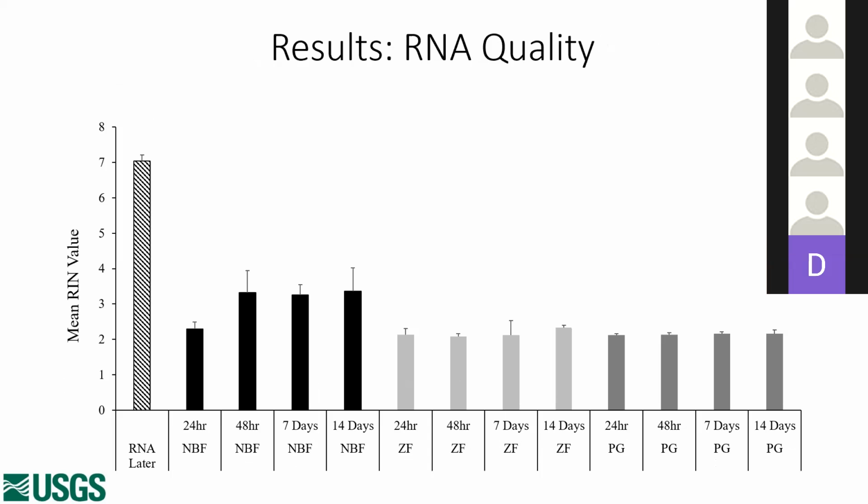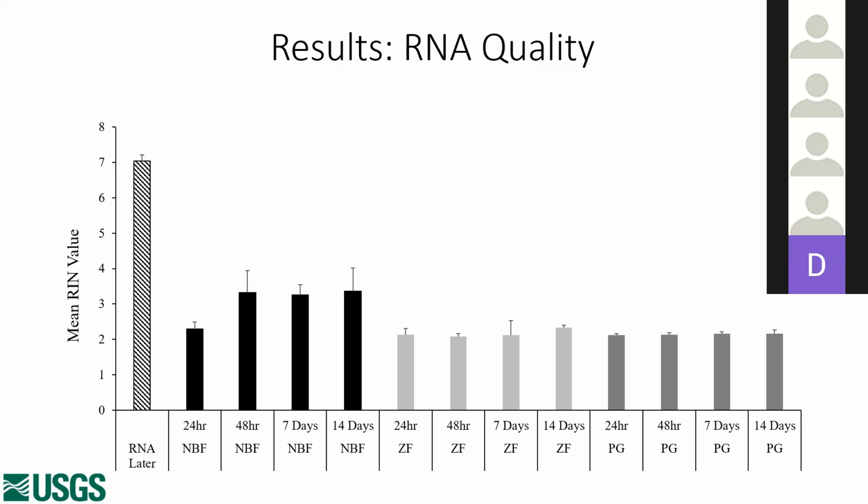For RNA quality, this was done on the Bioanalyzer by obtaining RIN values. RNAlater RIN values were at least twice as high as the fixed samples for LCM. Now here, samples preserved in neutral buffered formalin had greater quality than samples preserved in Z-fix or PAXgene.